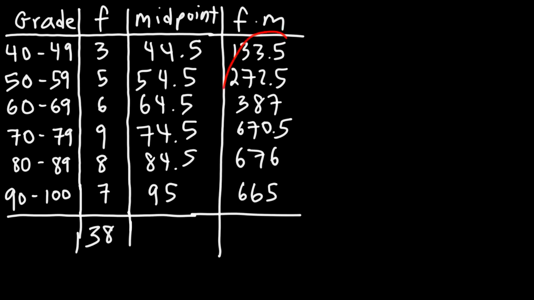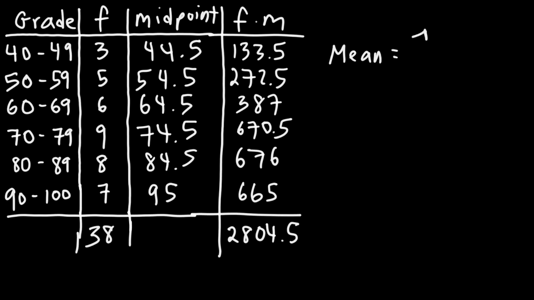Now let's take the sum of this column. So go ahead and add those numbers using a calculator. So the total that I have is 2,804.5. So now we can calculate the mean.